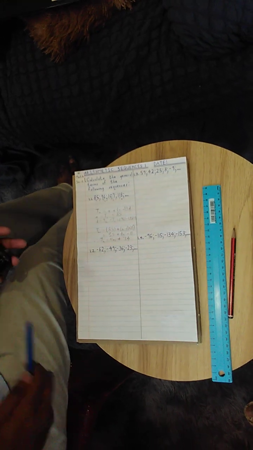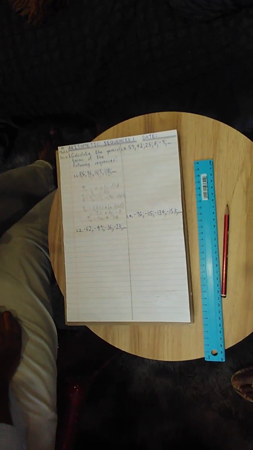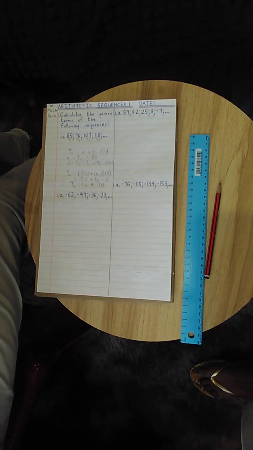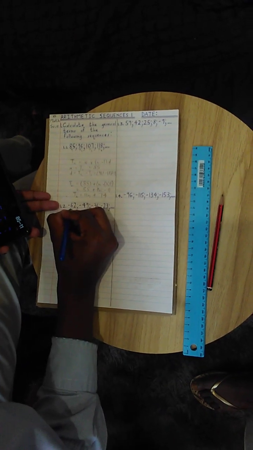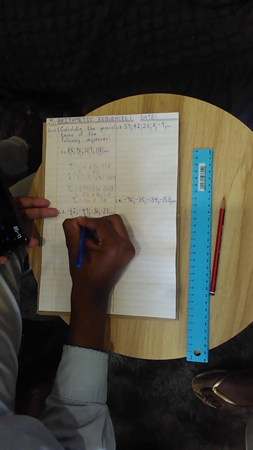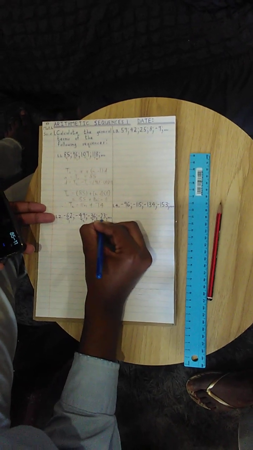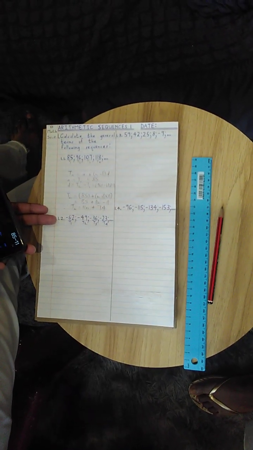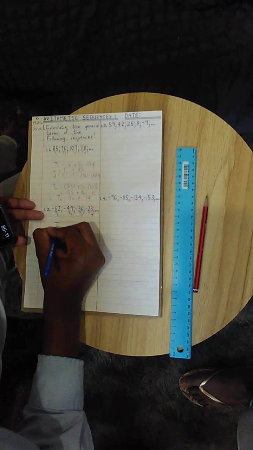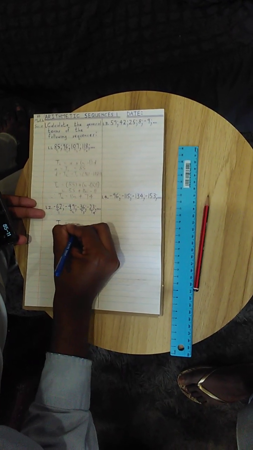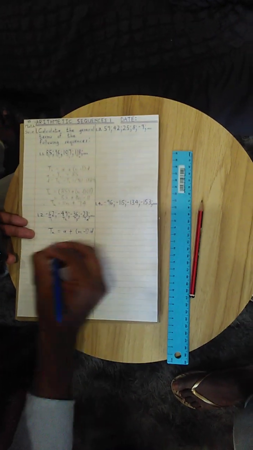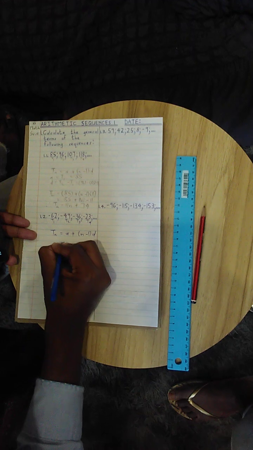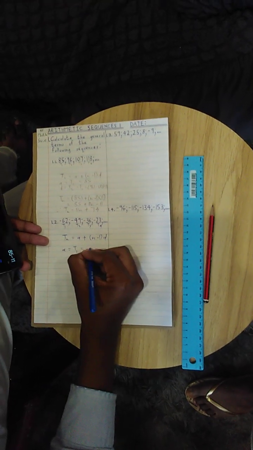So the 1.2, we are given the sequence negative 62 followed by negative 49 followed by negative 36 followed by negative 23. So, as usual, this is T1, this is T2, this is T3, this is T4. So you write your formula, Tn is equal to A plus n minus 1 D. So A is T1, which is negative 62.